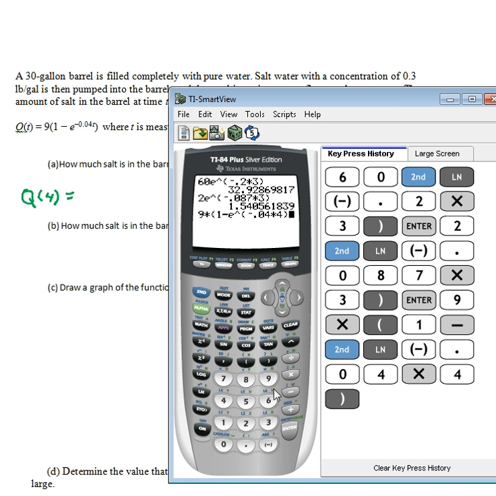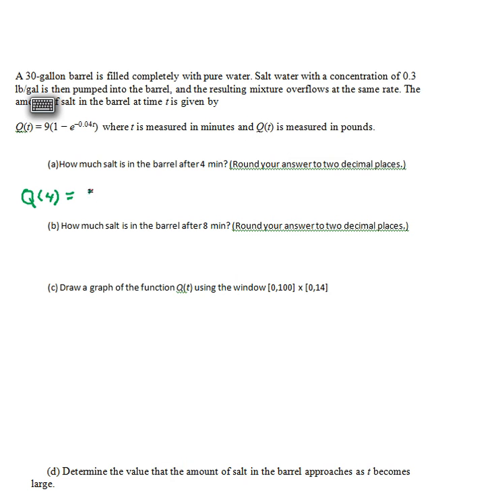Close the parentheses, enter. And we get 1.33 to 2 decimal places. So 1.33 pounds. How much salt is in the barrel after 8 minutes?